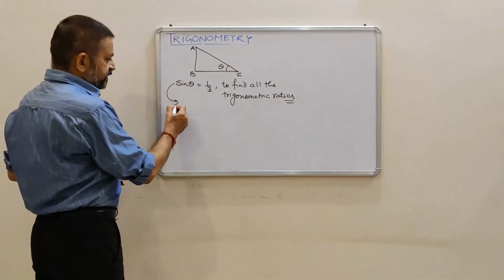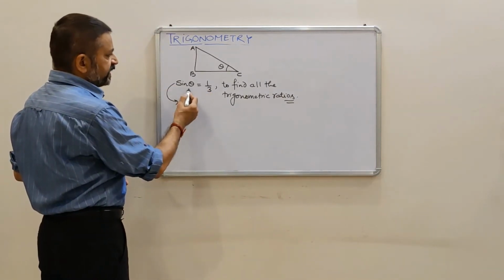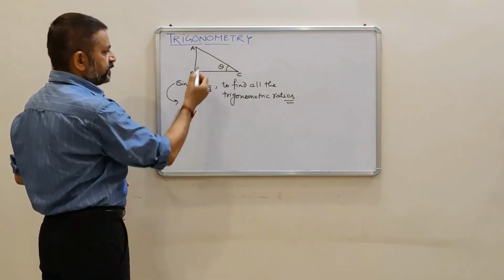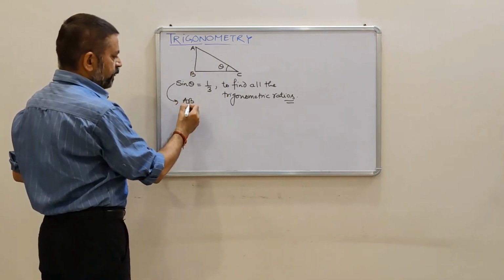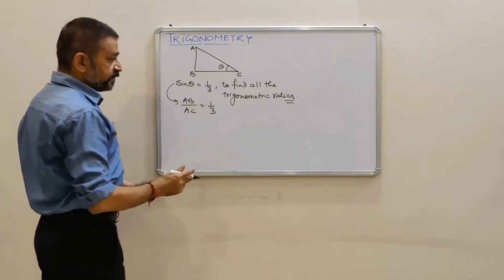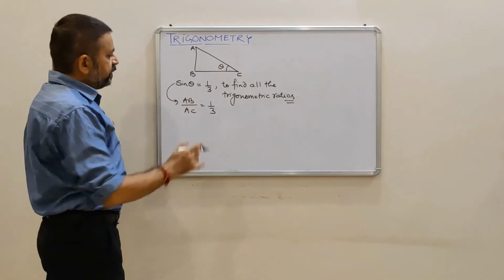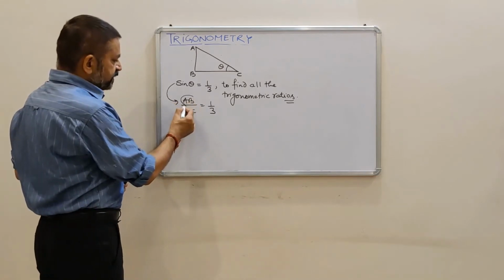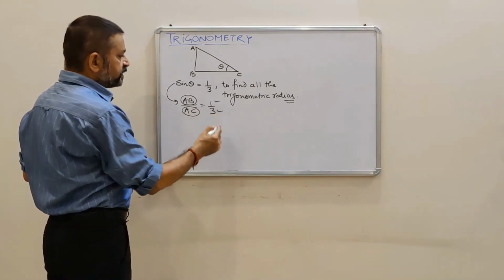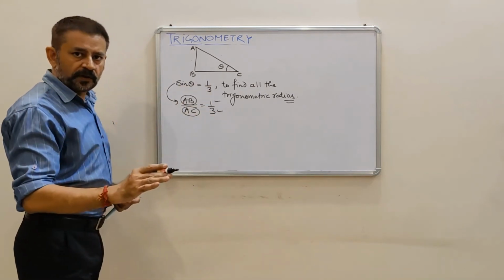If you look at sine theta equal to 1 by 3, what is sine theta? In this figure, sine theta is opposite upon hypotenuse, so it is AB upon AC, which is 1 by 3. Now it's a very common mistake that students consider AB as 1 and AC as 3, which is perfectly wrong.